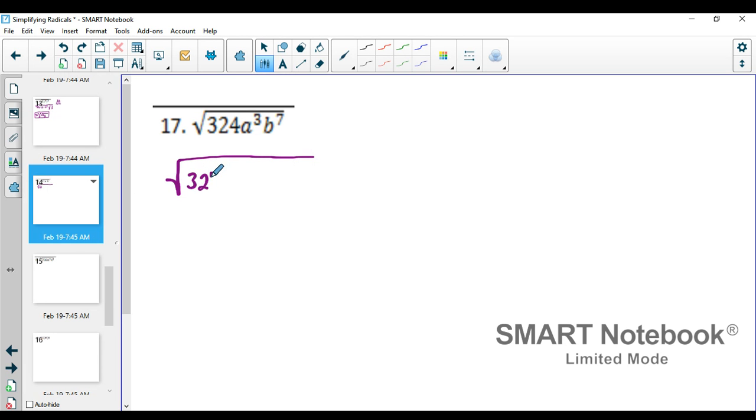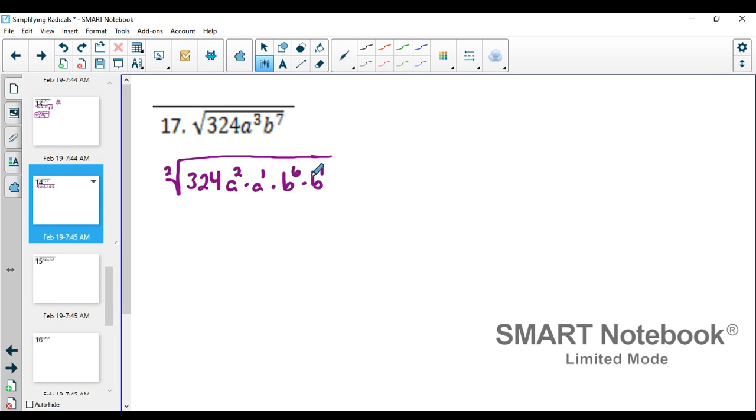Remember, if there's not a number given, it's 2 for the index. So the closest multiple of 2 to 3 is 2, so we have a squared times a to the 1st. And then the closest multiple of 2 to 7 is 6. So we have times b to the 6th times b to the 1st.